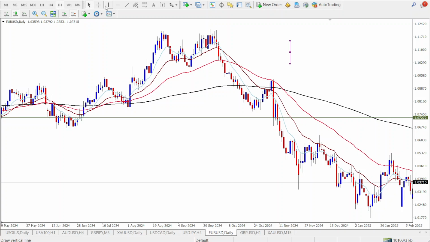Then for the morning star, it is going to be a bearish candlestick, and then perhaps you're going to see a doji, and then a bullish candlestick.